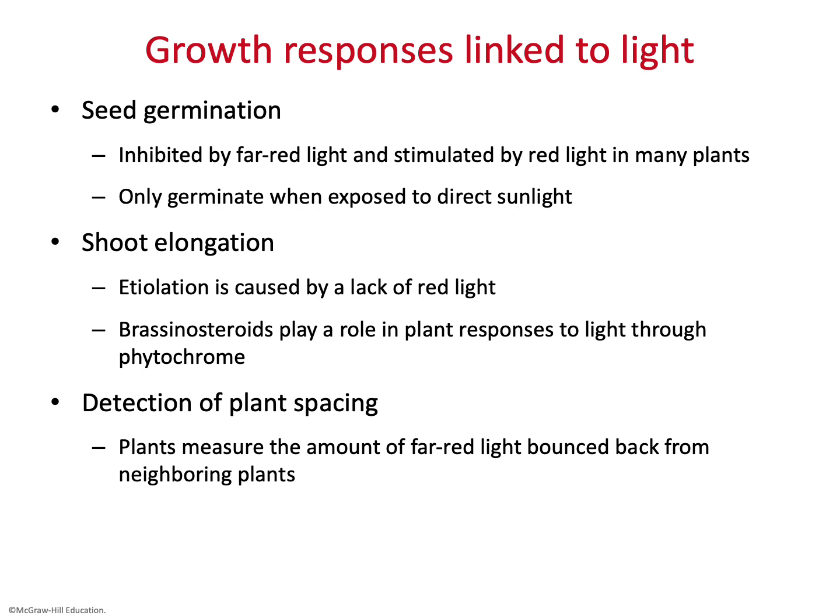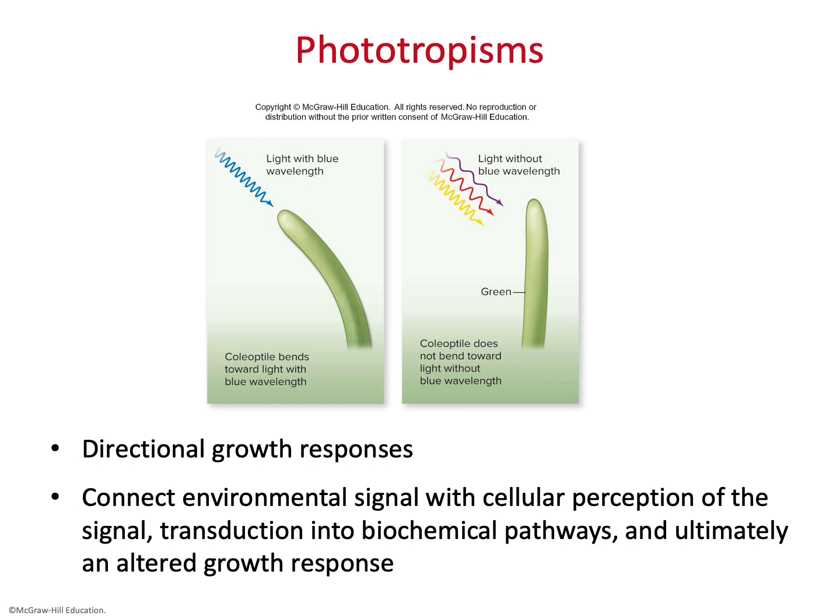Usually when plants are too close together, leaf shading can happen. This leaf shading increases the amount of far red light compared to the red light. Plants can measure the amount of far red light reflected from the neighboring plant, and if the neighbor is too close, the plant will grow taller. So that is how these responses are controlled by light and phytochrome.